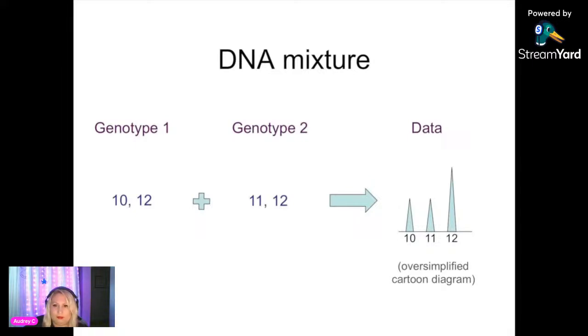And these two genotypes, 10-12 plus 11-12, can be combined in the same sample to produce data that has peaks, as shown on the right, that have alleles 10, 11, and 12. More than two alleles, suggesting that there's at least two people present. The heights of the peaks suggest the quantities of DNA. This is an oversimplified diagram that leaves out many of the known artifacts and vagaries of the data.